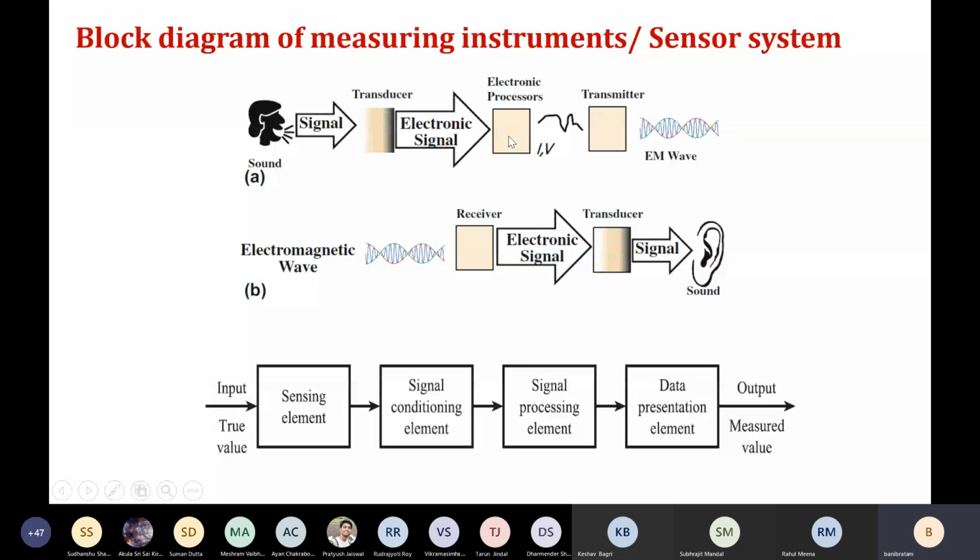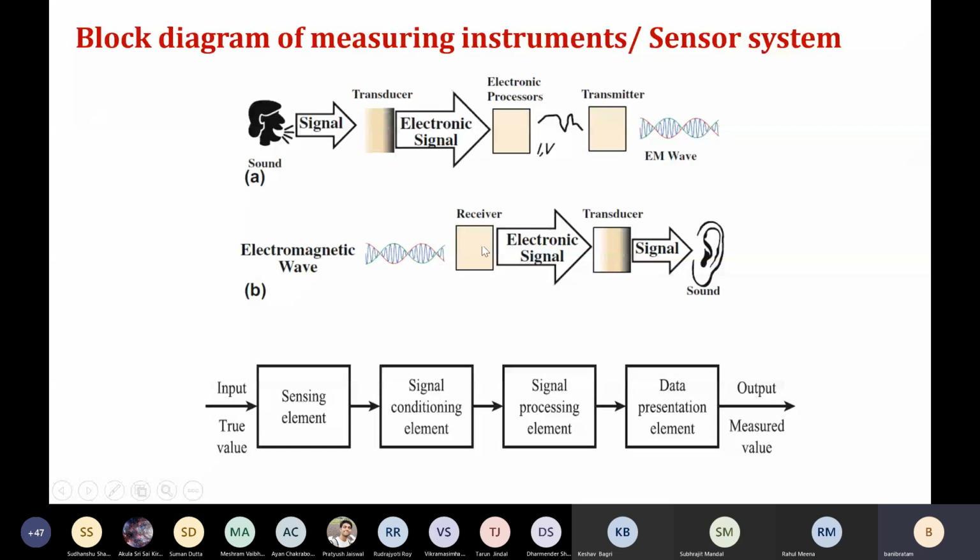Those types of processing will happen in these blocks, on the electrical signal. And in that electrical form, mostly in electromagnetic wave form, the acoustic signal will be transmitted. And again at the receiving end, as I said, you cannot hear that electrical signal or electromagnetic wave signal.